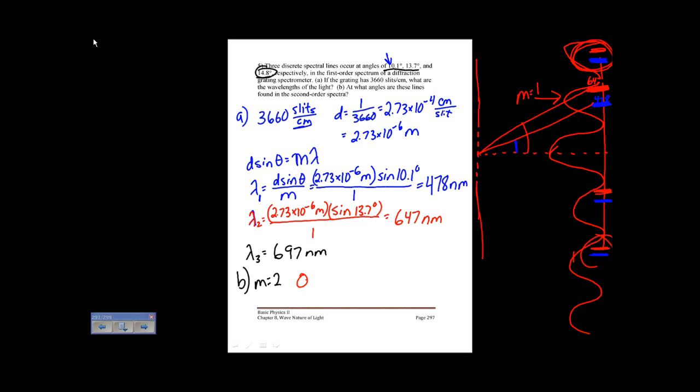I know that theta is the inverse sine of m lambda over d. All right, so for theta 1, it's going to be the inverse sine of 2. That's my m value. Lambda is 478 times 10 to the minus 9, divided by d, which is 2.73 times 10 to the minus 6.